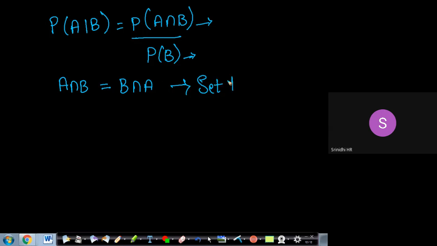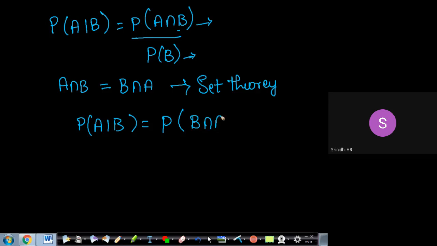Set theory states that A intersection B is equal to B intersection A. So probability of A given B is equal to probability of B intersection A divided by probability of B. This is my equation 1.